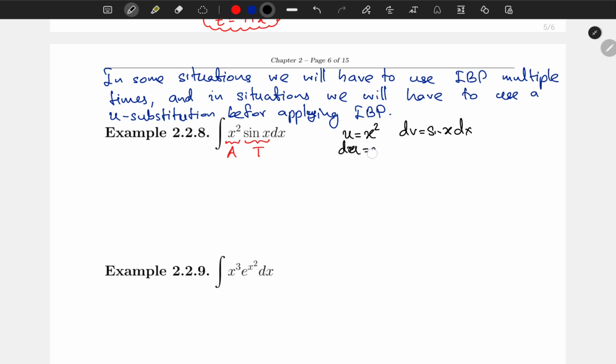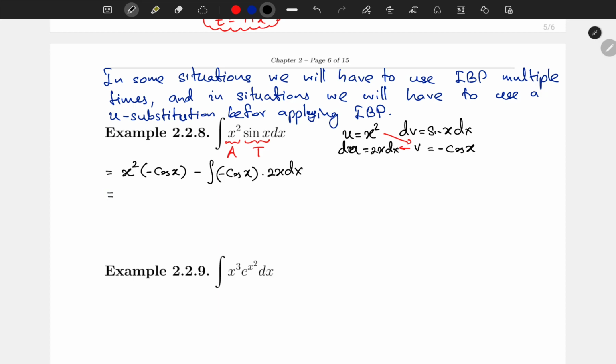Differentiate, du is 2x dx and v is, the integral of sine is negative cosine. Applying integration by parts, x squared times negative cosine x minus the integral of v du, negative cosine x times 2x dx.